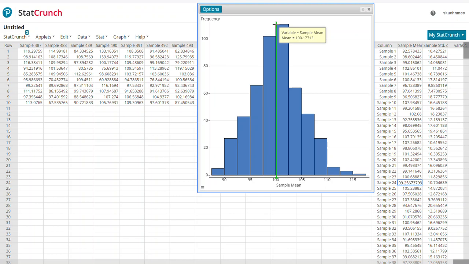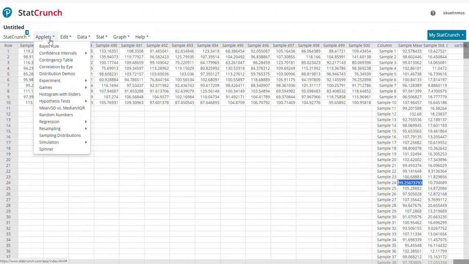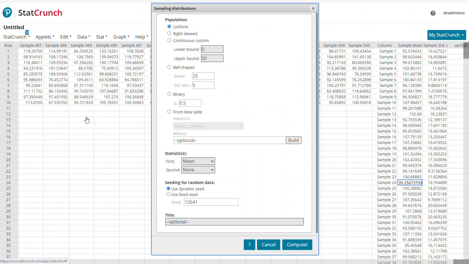So this is what we're referring to when we are talking about the shape, the center, and the spread of our sampling distribution. Now, I want to come back and use a different applet to talk about spread. So let's pull up a sampling distribution. We're going to still use this idea of IQ scores that have a population mean of 100 and a standard deviation of 15.